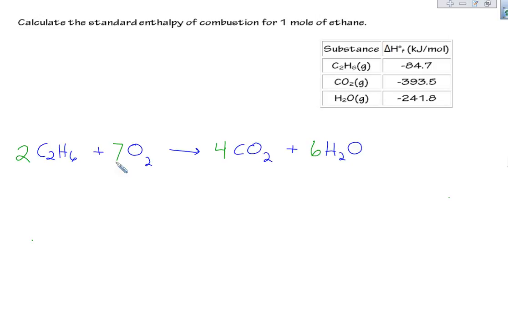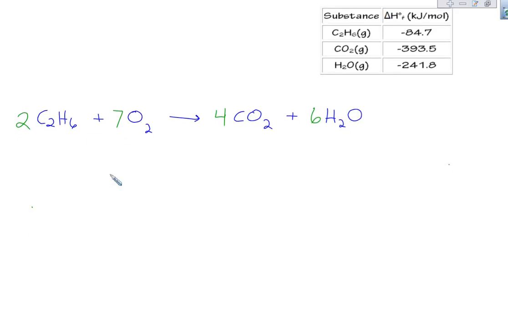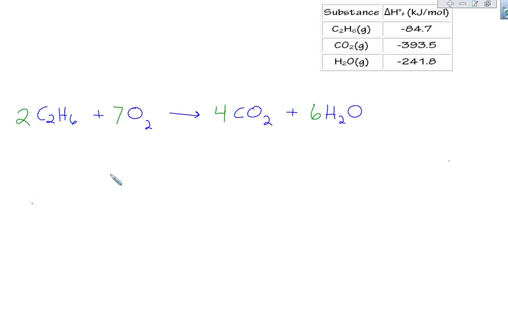Let's get products minus reactants going. Products: I have 4 times the carbon dioxide in the gas phase, negative 393.5 kilojoules. That's my 4 carbon dioxide, plus the water. And if you're doing these in the homework and you have to look the numbers up, just be a little careful.